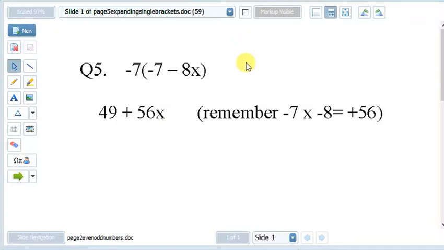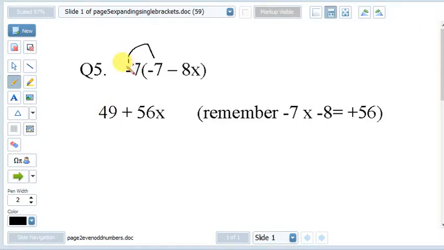Next one. The next one was relatively difficult, and it's got a lot of negatives. Again, we've got a negative 7 in front of the bracket. So the negative 7 times that negative 7. Negative times a negative gives us a positive. 7 times 7 is 49.